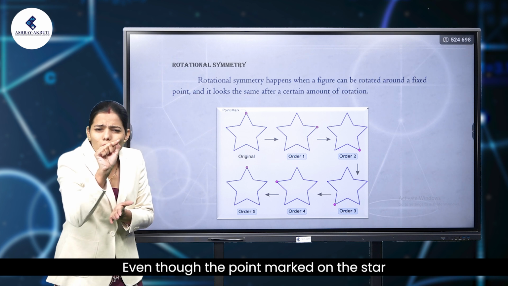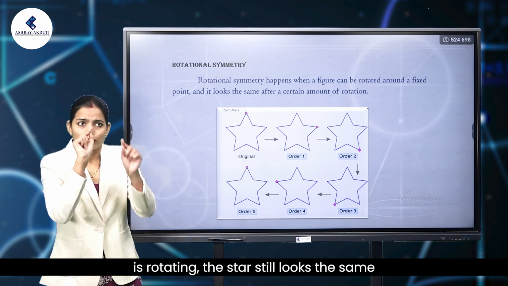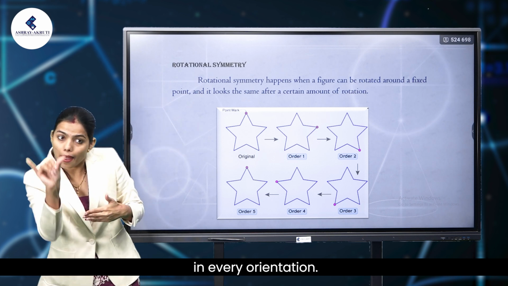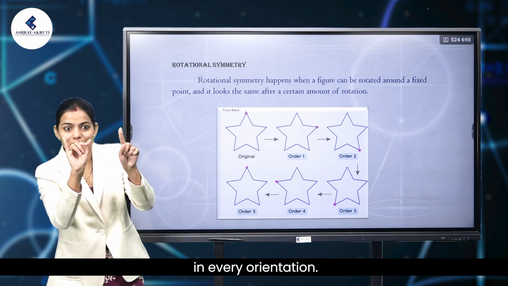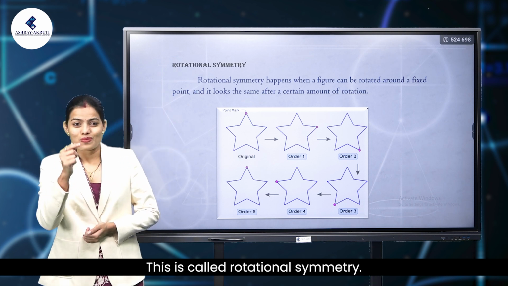Even though the point marked on the star is rotating, the star still looks the same in every orientation. This is called rotational symmetry.